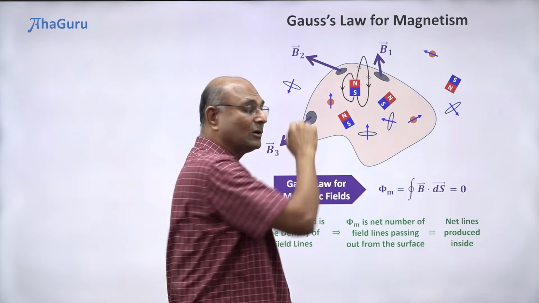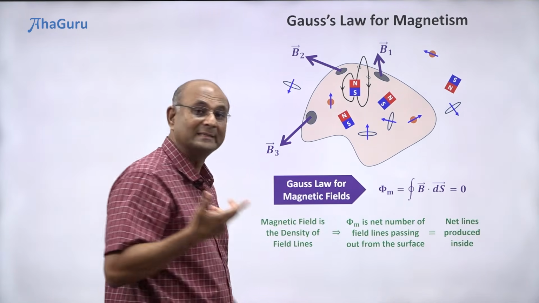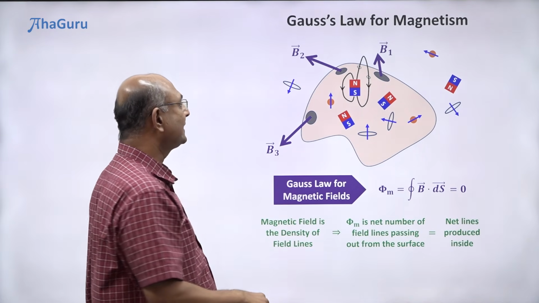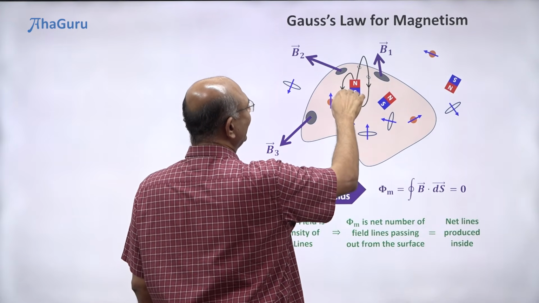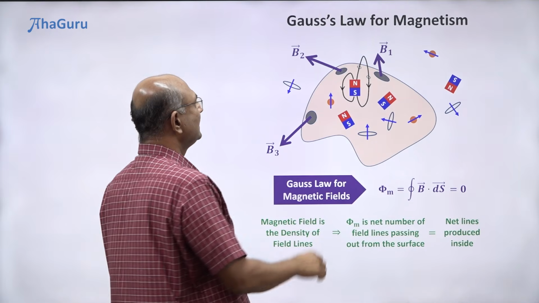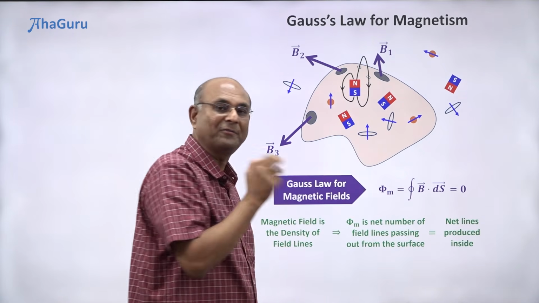Because this north and south are imagined ideas, right? You know that these poles really don't separately exist. So you cannot end up having separate isolated magnetic charges inside this surface. Whatever happens, you have to have a north and a south pole together. Even if you decide to make a cut here, you will effectively have a north-south, north-south. Think of it that way.